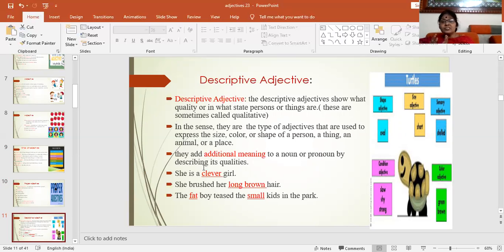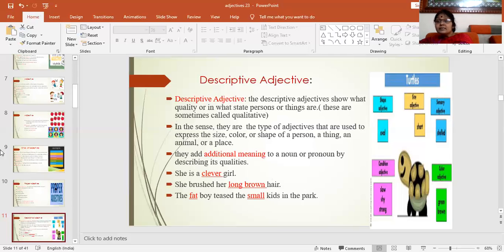For example, she is a clever girl. What type of girl is she? She brushed her long brown hair. The fat boy teased the small kid in the park. So the size, the color, the shape, everything. Now look at this example.